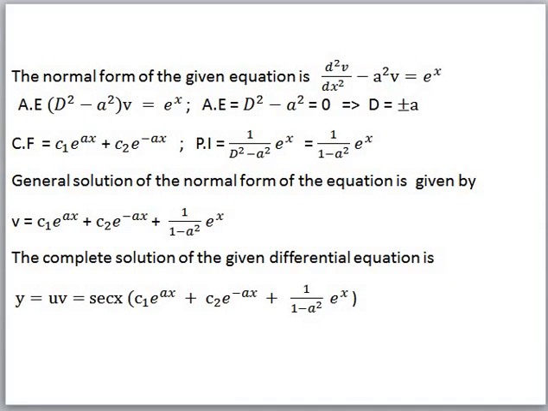The complete solution of the given differential equation is y is equal to uv. We substitute u is secant x, v is c1 e^(ax) plus c2 e^(minus ax) plus 1 divided by (1 minus a²) e^x.